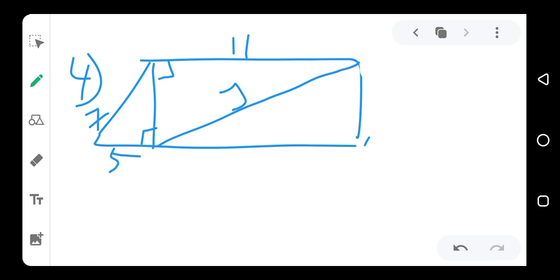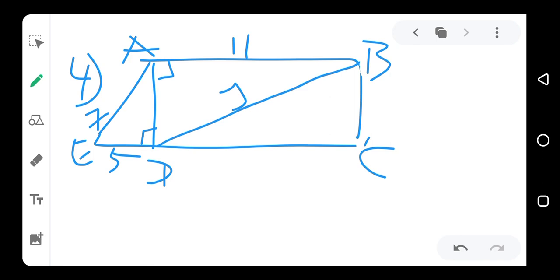Now let's identify the triangles inside this. For us to identify the triangles, let's label. Let's start with this place, A, B, C, D, E. So we have 5 points inside this. So let's identify the triangles.